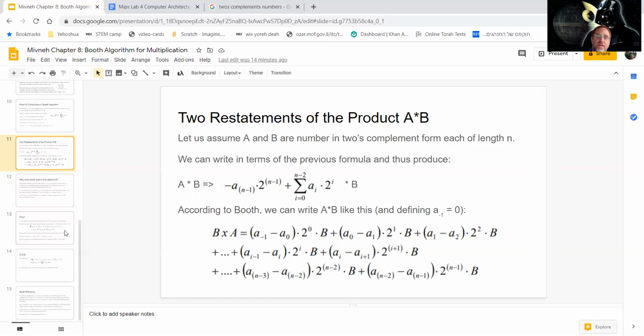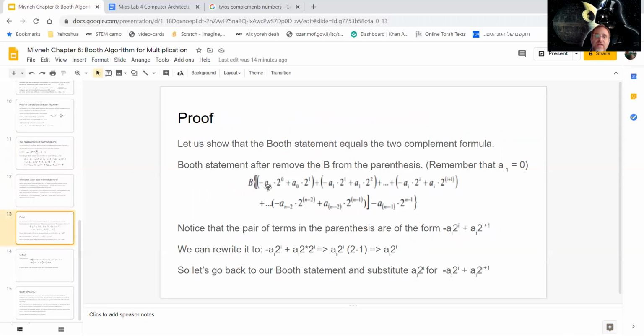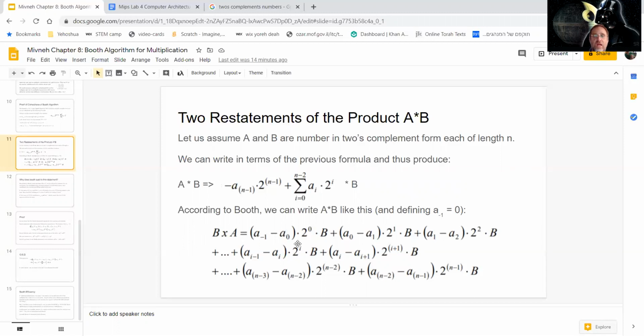So we can rewrite it as minus A times 2 to the 0 plus, well, let's look at this thing, plus again, well, we're going to sort of regroup.